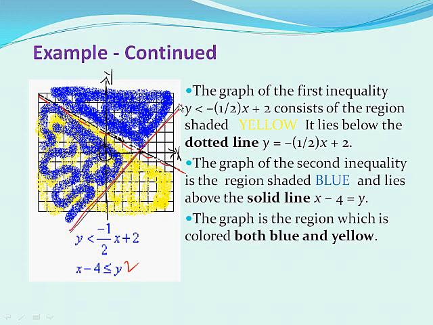The graph is the region which is colored both blue and yellow. Notice that the origin satisfies both the inequalities. So the shading side will be the side of the origin, and the common region is this up here.